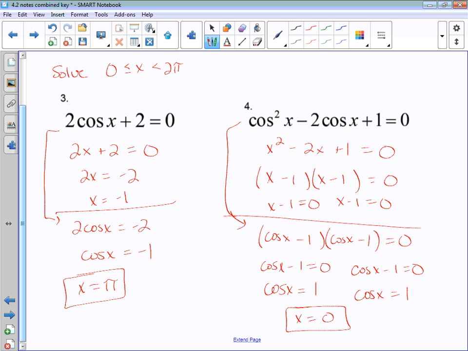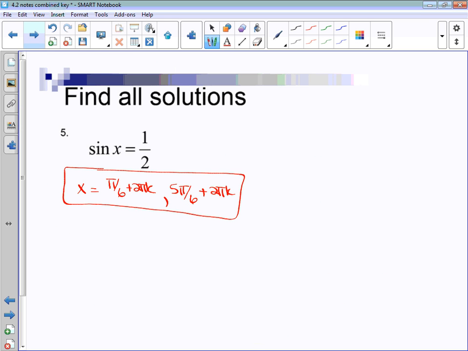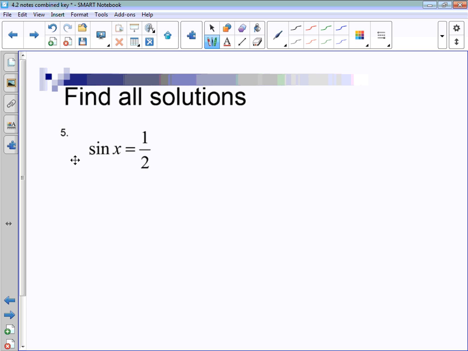Divided by 2, yes. Be careful that you don't ever divide by an x. Dividing by 2 is totally fine. All right, guys, questions so far? Do you see how your directions are different?